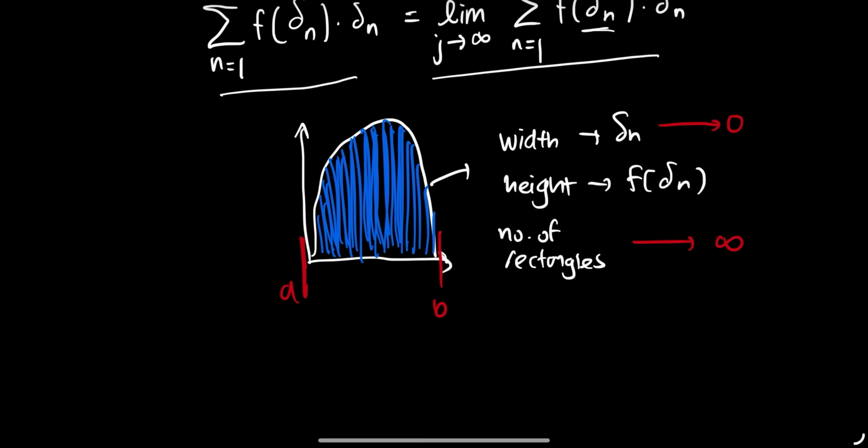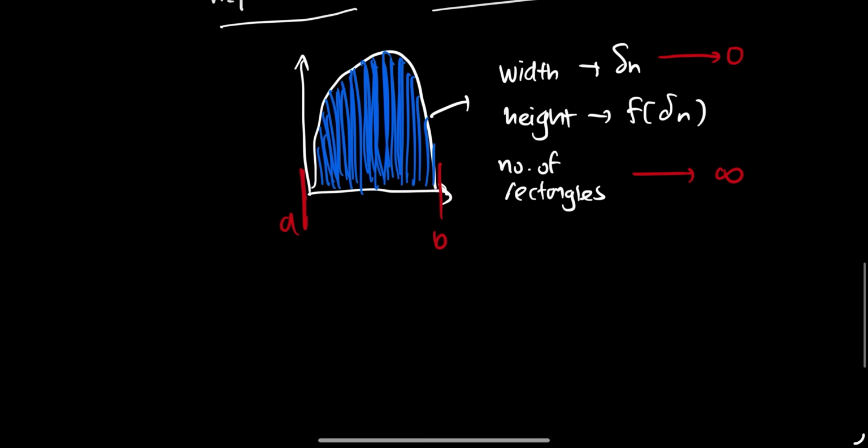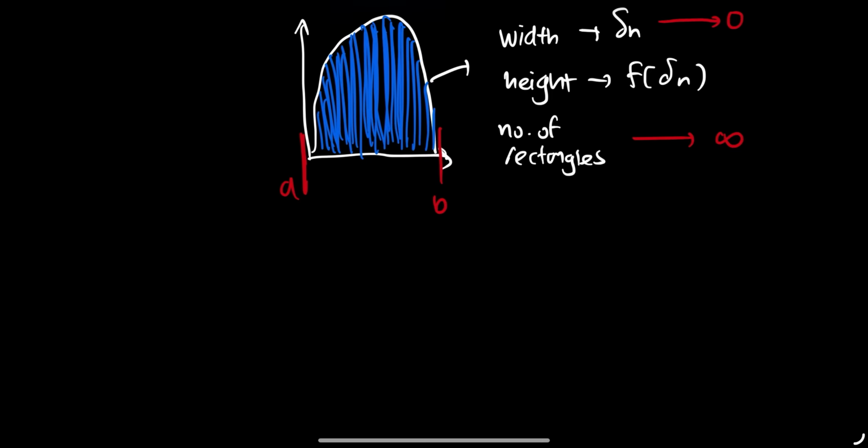Thus, we can say that the integral in this case represents the area under the graph within the bounds. This time we are putting the bounds a to b, so the integral from a to b of f(x) dx. In this case, f(x) is, well, sine x.